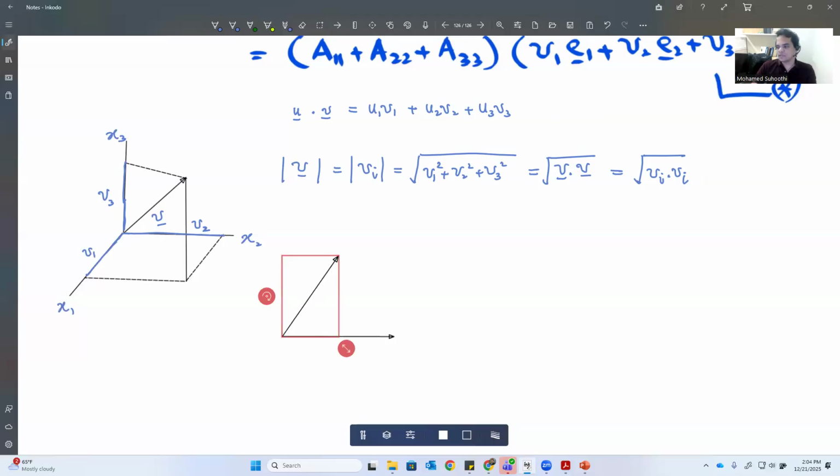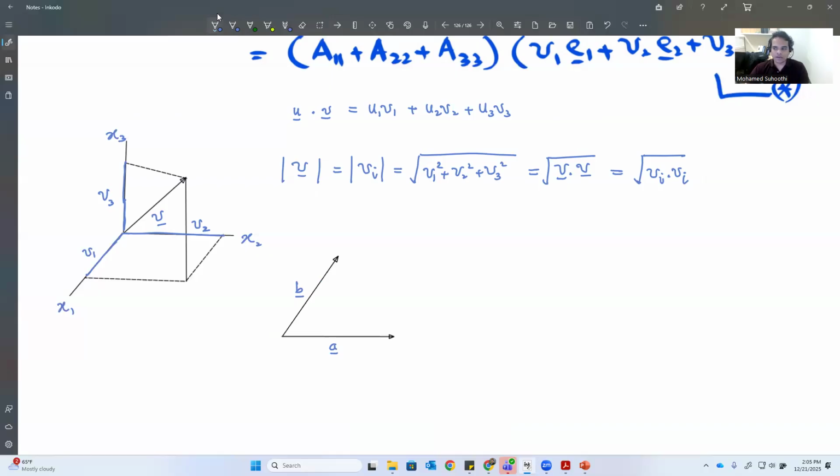Let's say this is vector A and this is vector B. Now I'm going to take vector C this way.